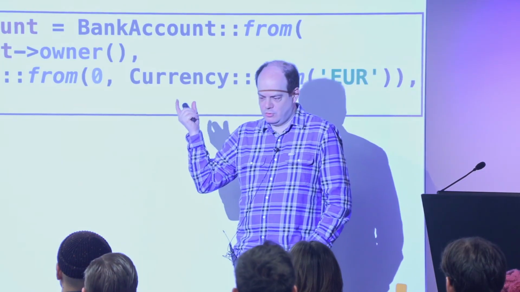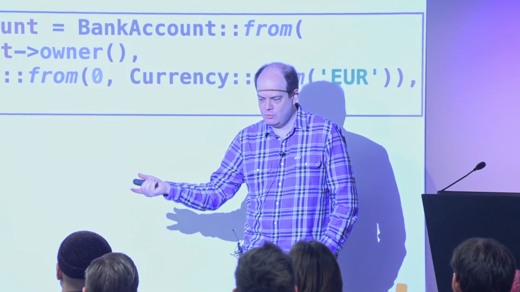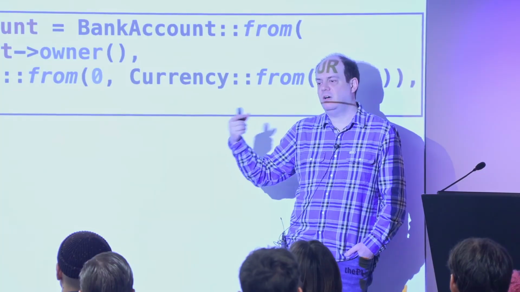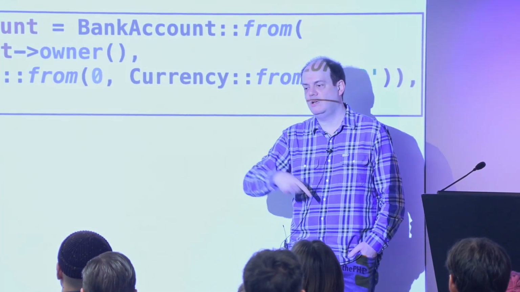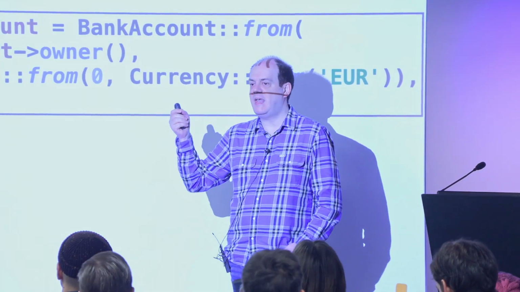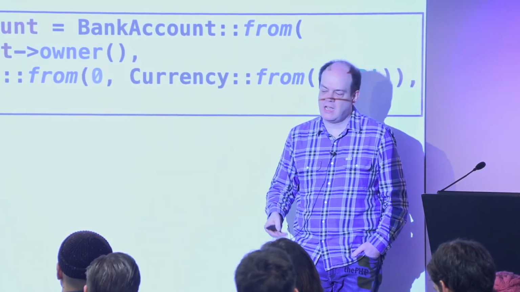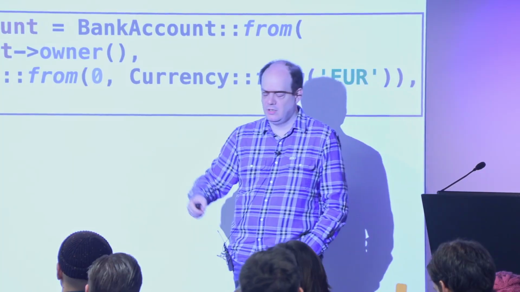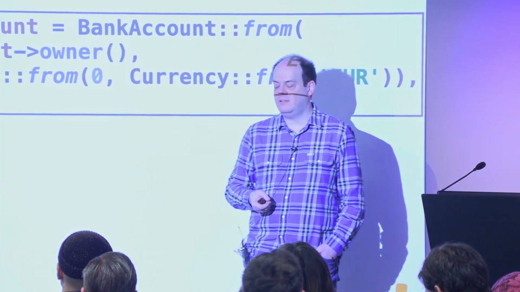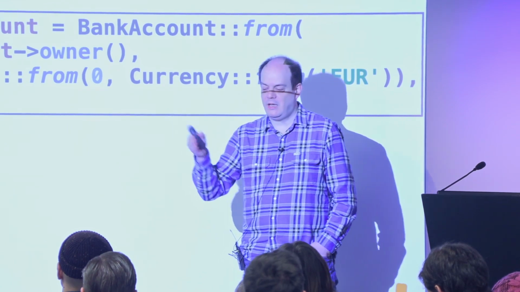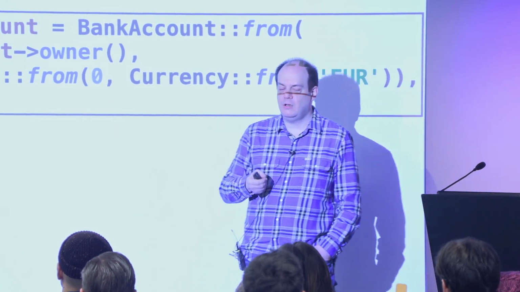And code to recreate the current state of this bank account from the events that correlate with it can be really simple, can be as simple as, okay, I look at all the events for this bank account. The first one that I find is account opened. And then it's one line of PHP code.